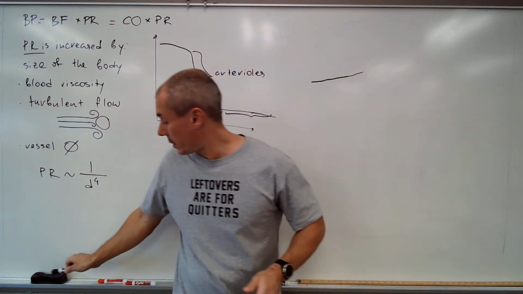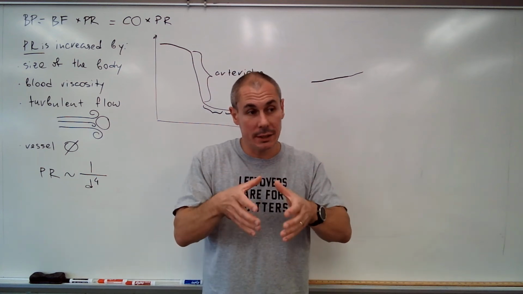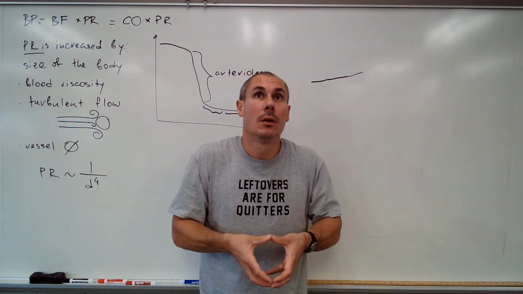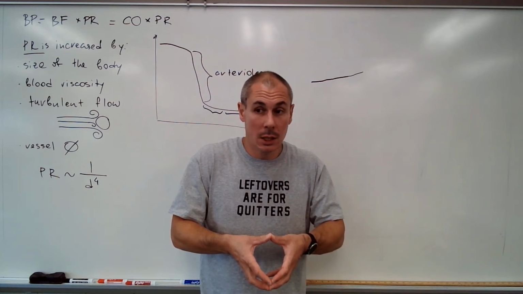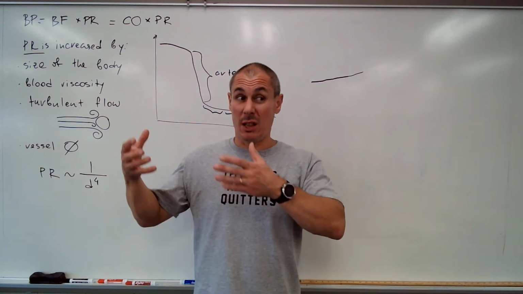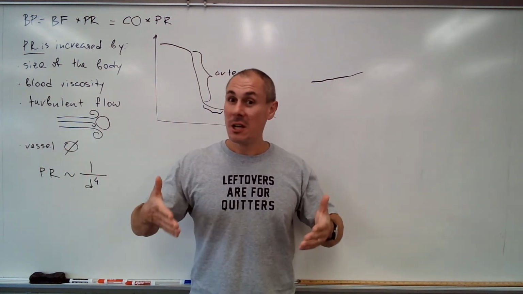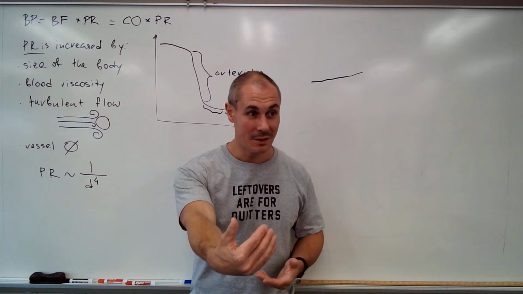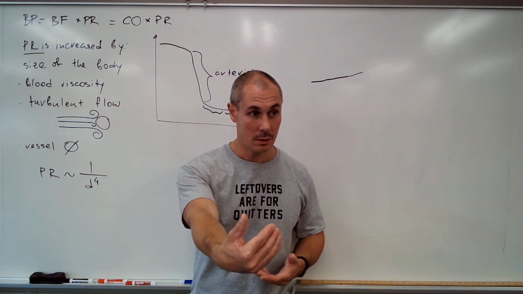So you're talking about pushing a lot of blood into a relatively narrow vessel. Does that make sense? If you think about a river, when a lot of water goes into a narrow stream, it is really fast. Does that make sense?